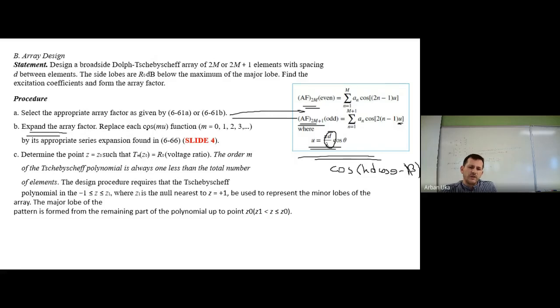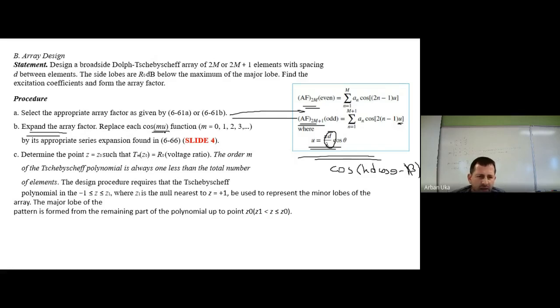When we do the expansion, let's say we have to expand every term of cosine m u, which is the cosine of an integer value times some fundamental frequency, in terms of cosine u.